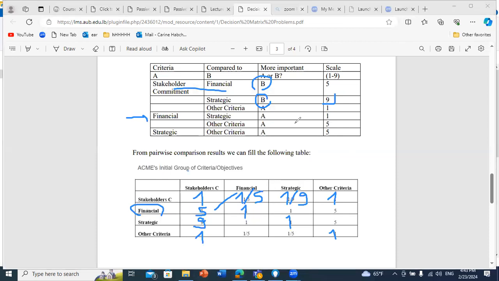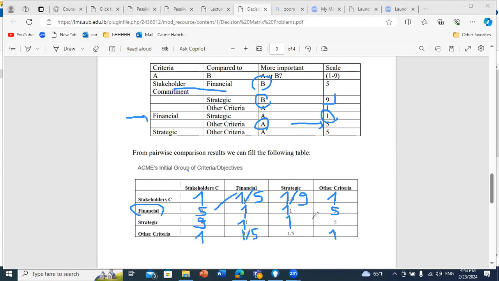I have that the score is 1. This means they have equal importance. So I put here 1, and automatically this one will be 1. And when I compare it to other criteria, because it's more important, it will have a high grade. So it is 5. I put 5, and automatically I can fill this one by 1/5.